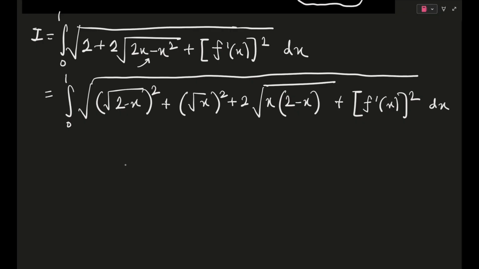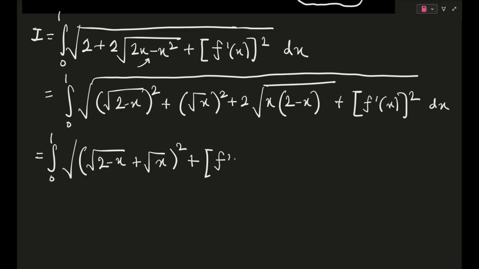So this will become the integral from 0 to 1 of root under root 2 minus x plus root x whole square plus f dash x whole square, dx. This integral has a minimum value.